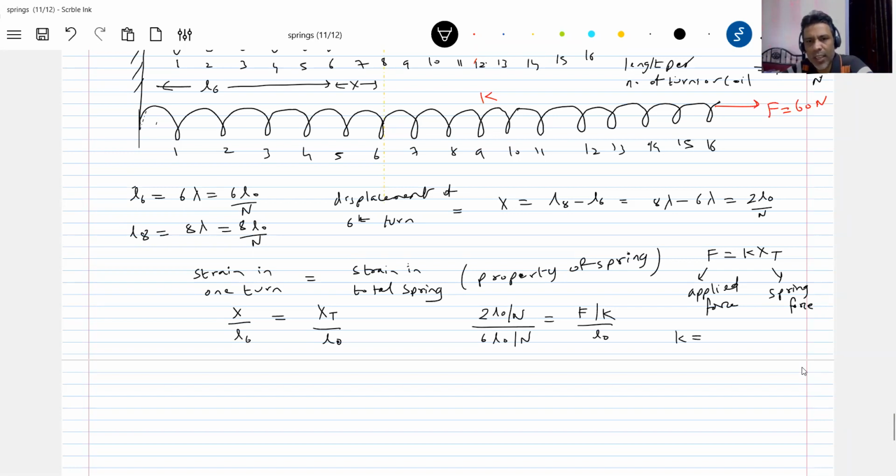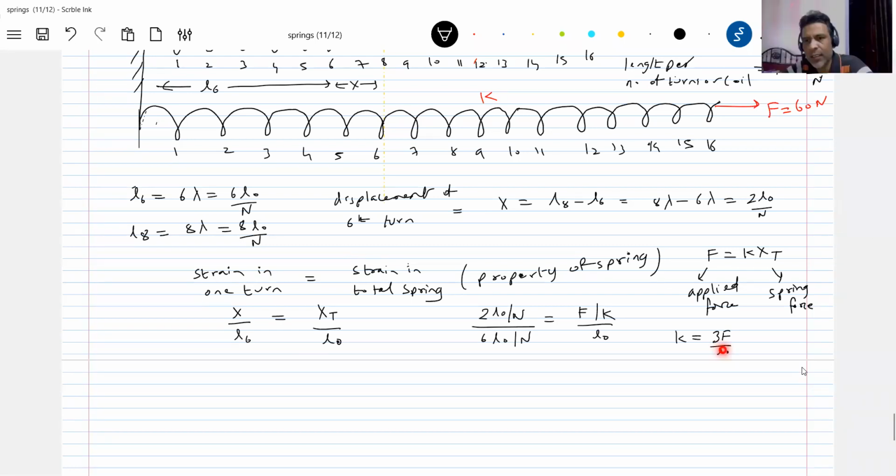You know, L naught gets cancelled, so N gets cancelled. So 3. So this k should be equal to... no, sir, the expression in terms of F and L naught. I'll write it: 3F by L naught.